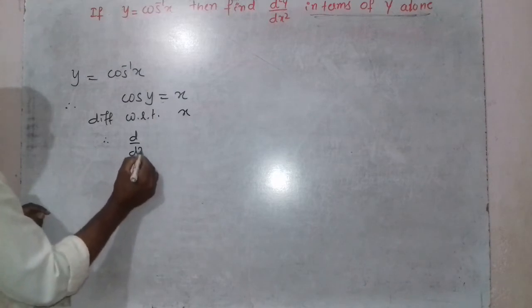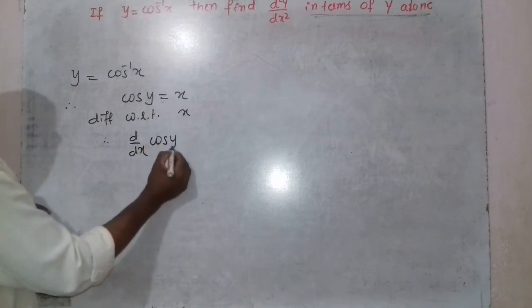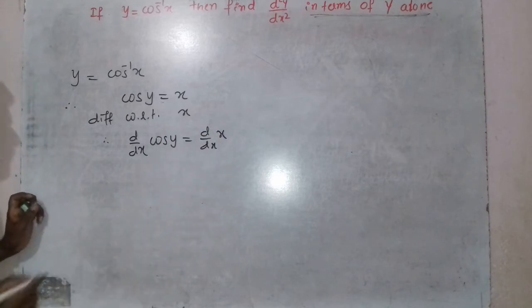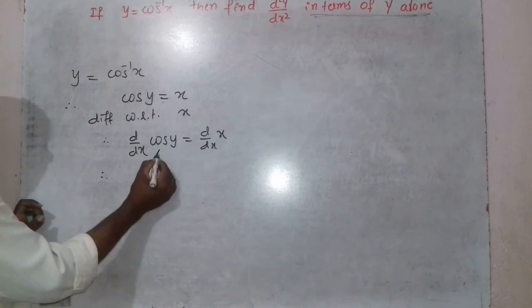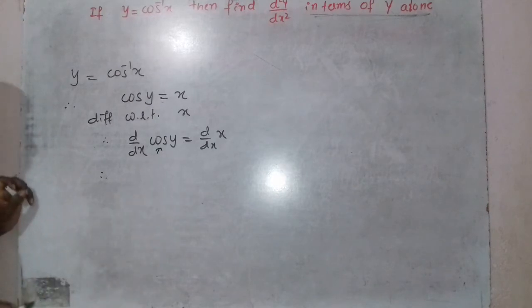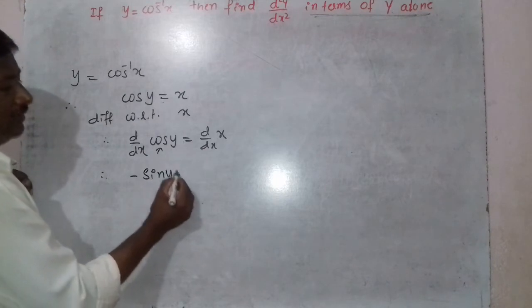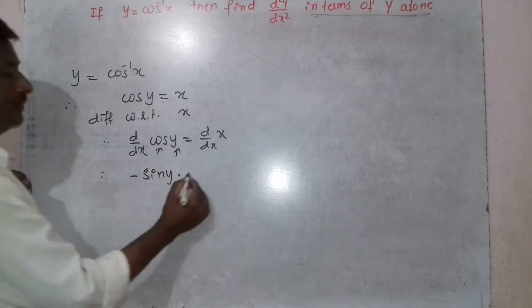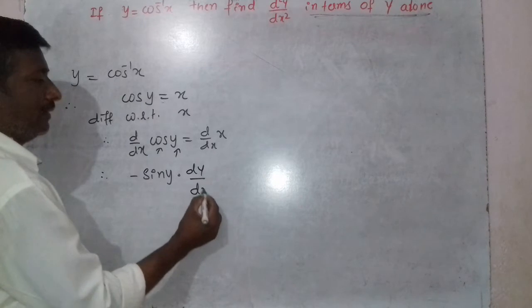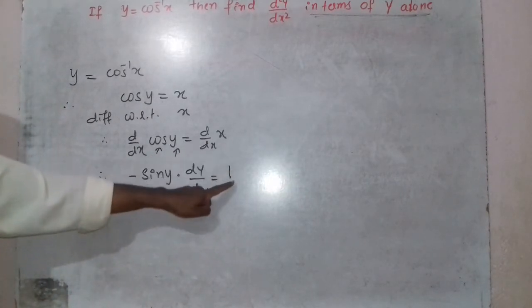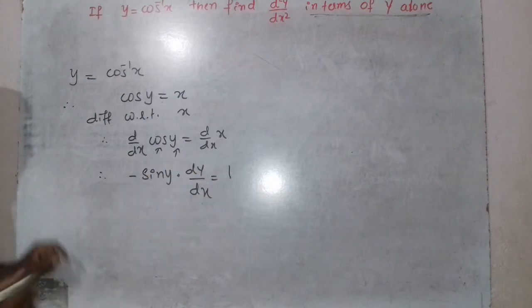dy dx of cos y equal to dy dx of x. Therefore, first find the derivative of cos, minus sin y. Derivative of y is dy upon dx. This equal to 1. Derivative of x is 1.